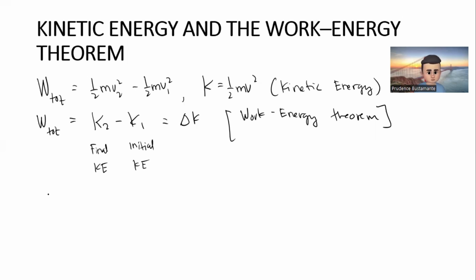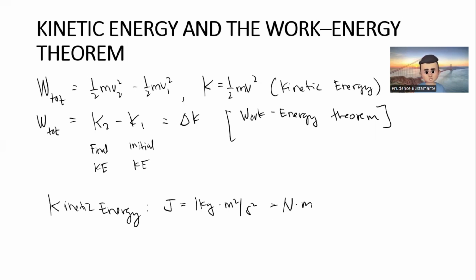The unit of kinetic energy is also joules, or 1 kilogram times meter squared per second squared, which is equal to Newton meter. So the unit of kinetic energy is the same unit as the work.